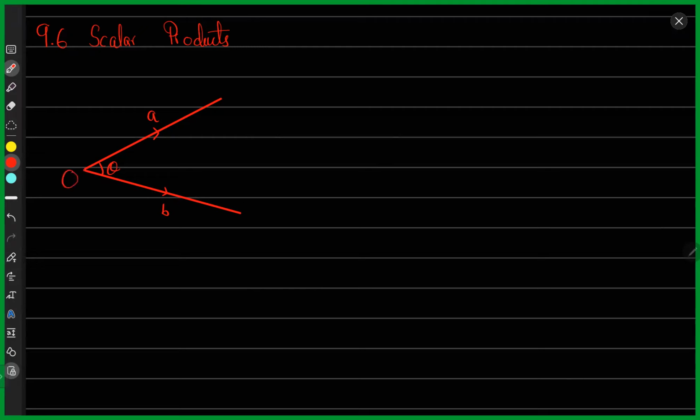The dot product is defined as A dot B. This is how we denote the scalar product or the dot product, and it is equal to mod of A into mod of B into cos of theta.